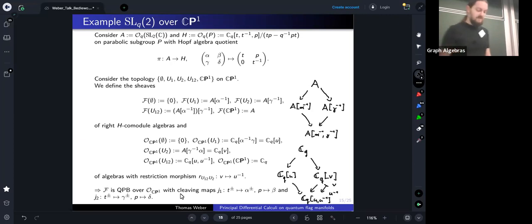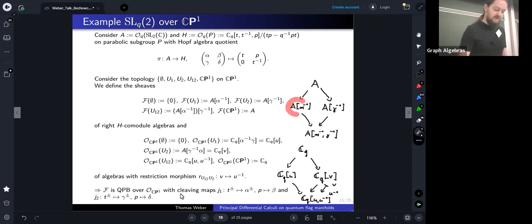Furthermore, you can see that the invariants under the parabolic coaction on this algebra are exactly those elements here, if you understand u as the element alpha minus 1 gamma. And in a similar way here, the invariants of this algebra are exactly those if you understand v as gamma minus 1 alpha.